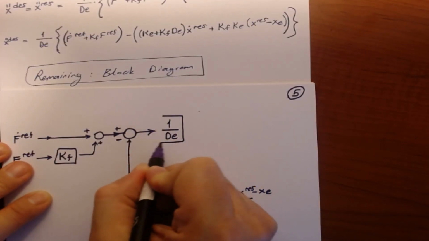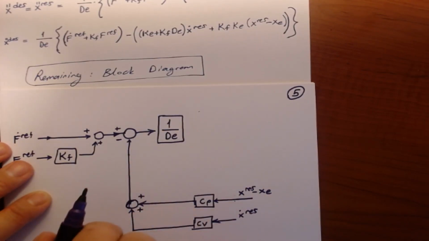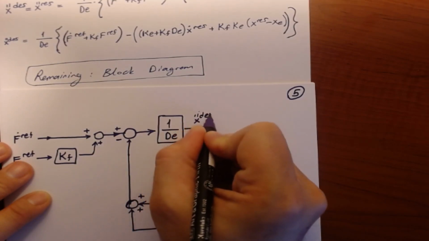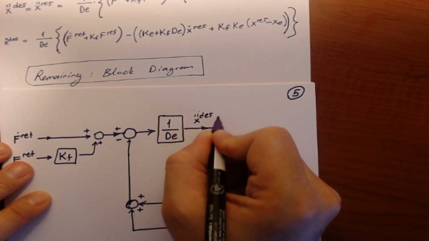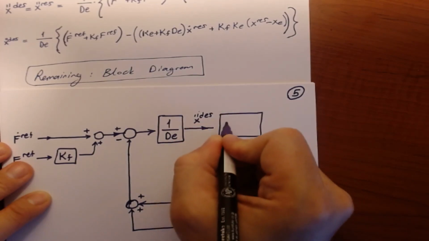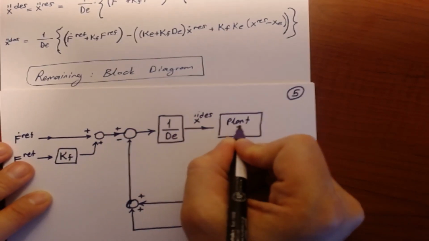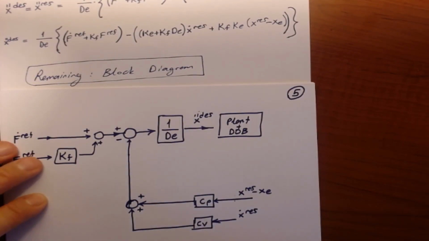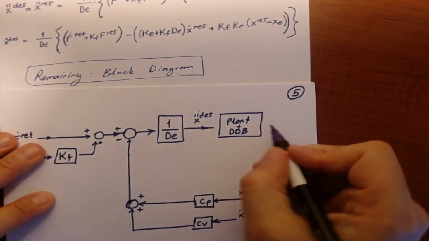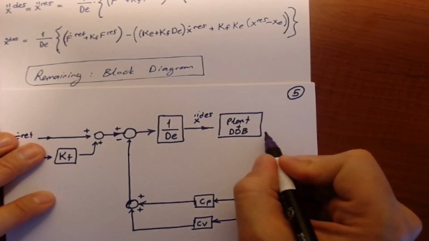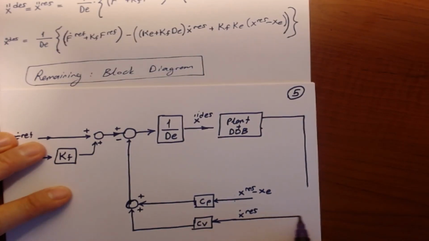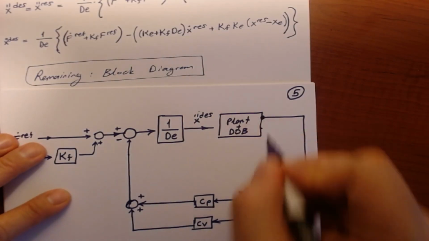This is the environment's damping, and that gives us x double dot desired, which should be given to a plant plus disturbance observer structure. And from this, don't forget that you can extract the response velocity directly here.